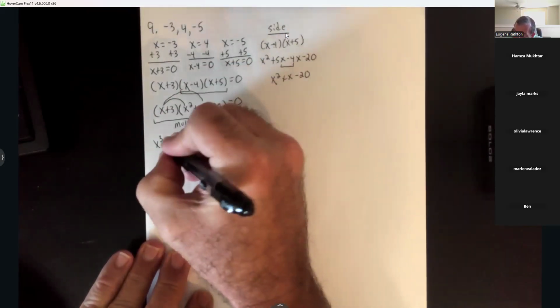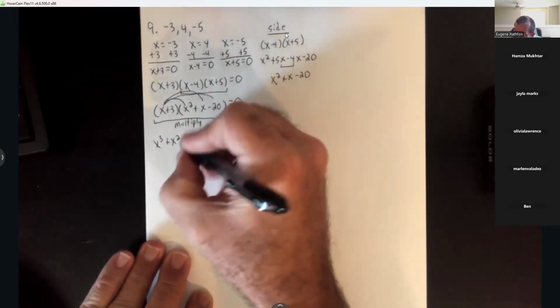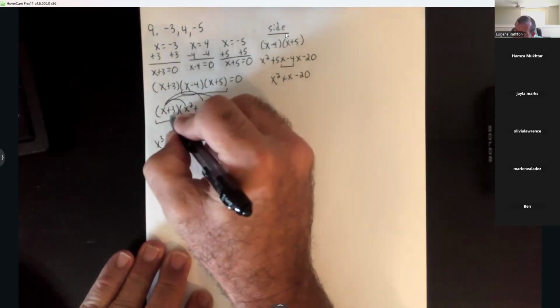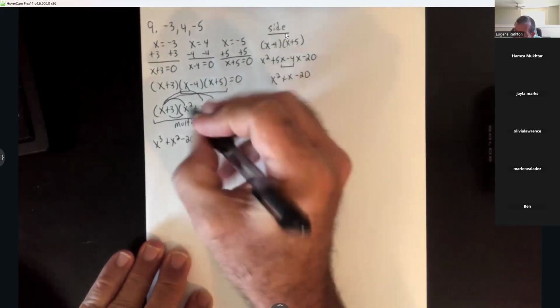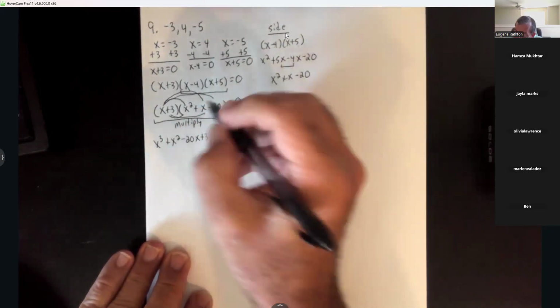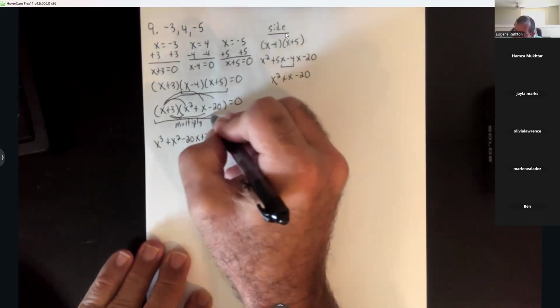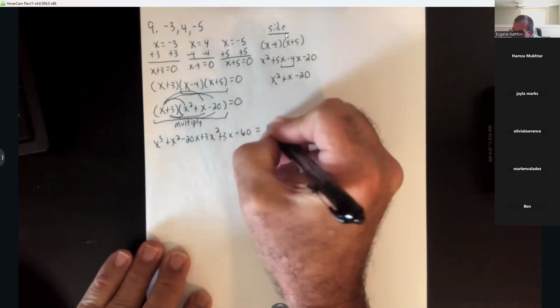X times x is an x squared. X times negative 20 is a negative 20x. 3 times x squared is a 3x squared. 3 times x is a 3x. 3 times negative 20 is a negative 60.